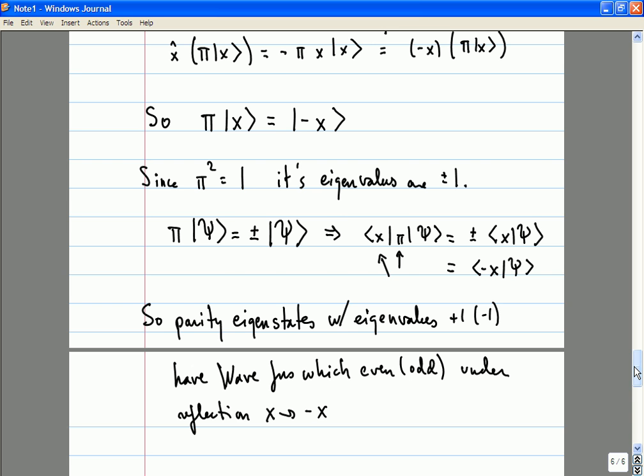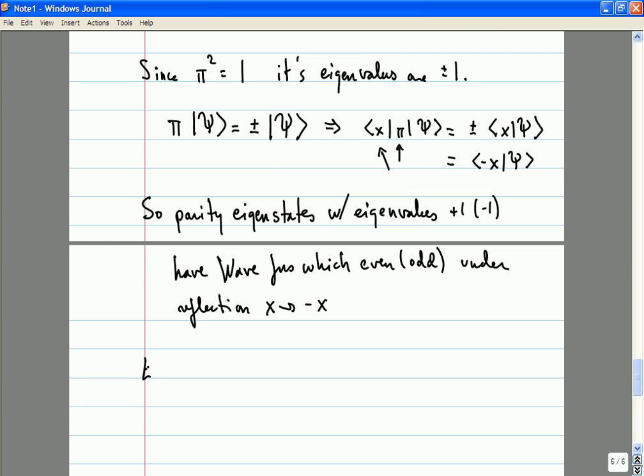And energy eigenstates are either parity eigenstates or come in degenerate parity pairs.